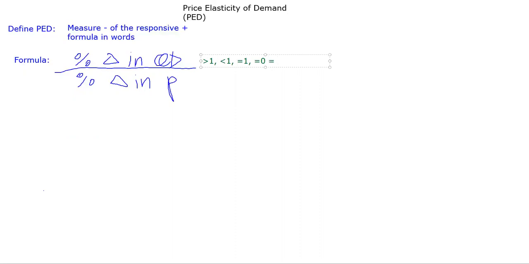Let's just write infinity. So yeah, that's the idea. The two important ones are greater than and less than 1. So let's look at those respectively.